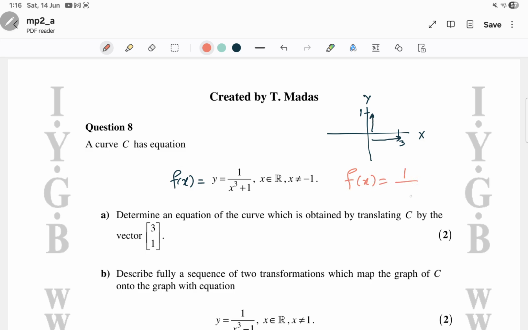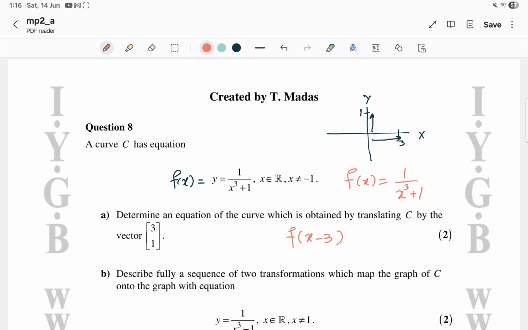Since this is a given curve and we need to move it 3 units to the right and 1 unit up, in the f of x, if you have x minus 3, then you need to do the opposite operation with the x coordinate. If inside the function you take away 3, that means we have to add 3 to the x coordinate of the given curve.